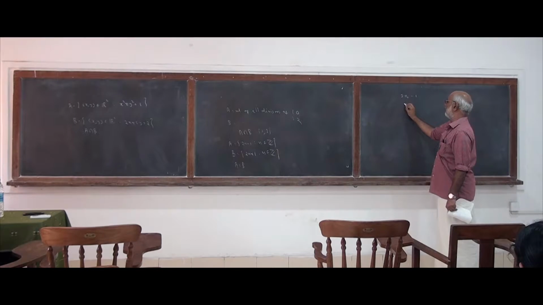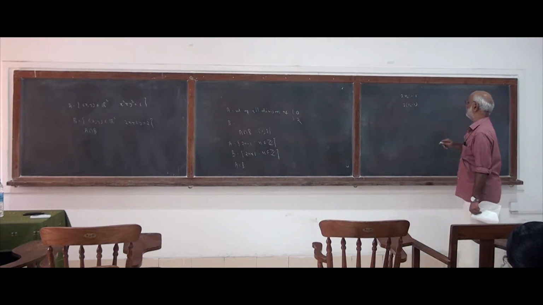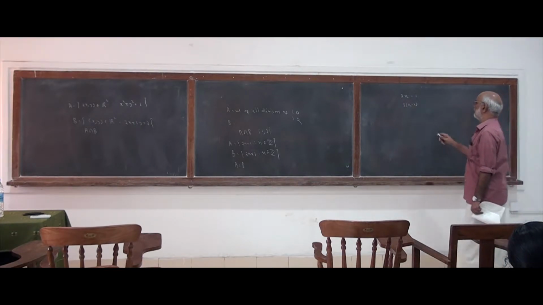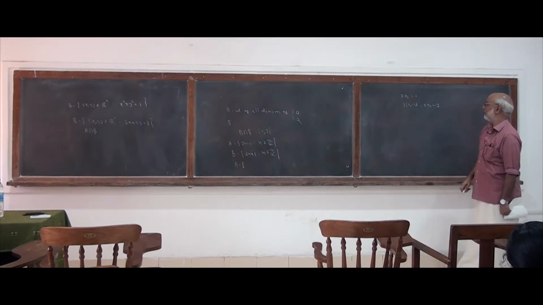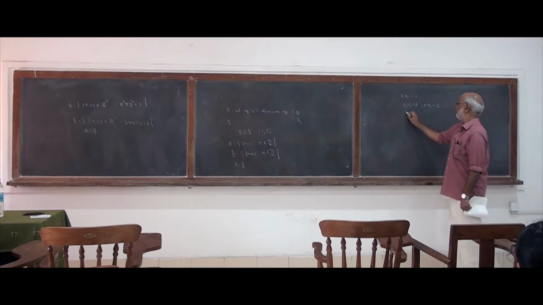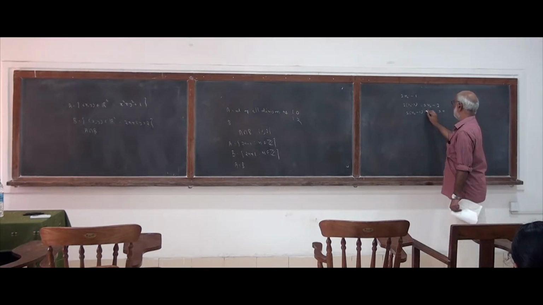Now I can write the same thing as 2n naught minus 2 plus 1.